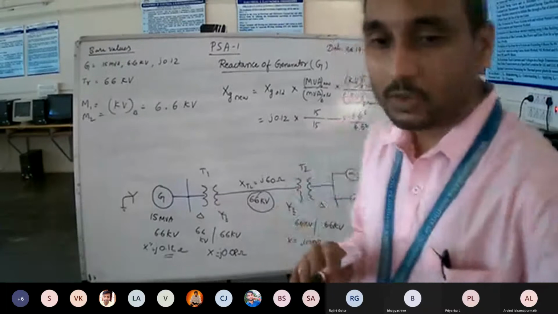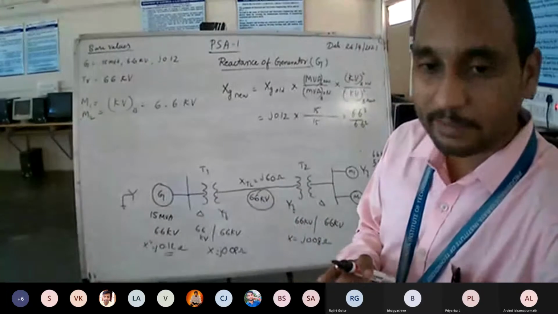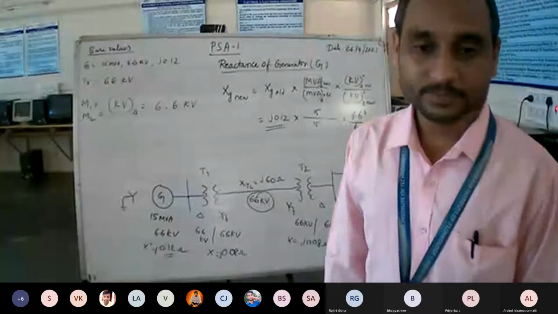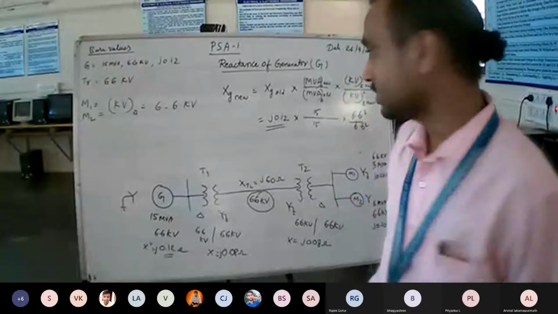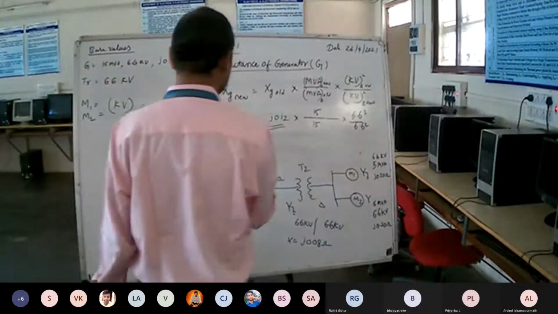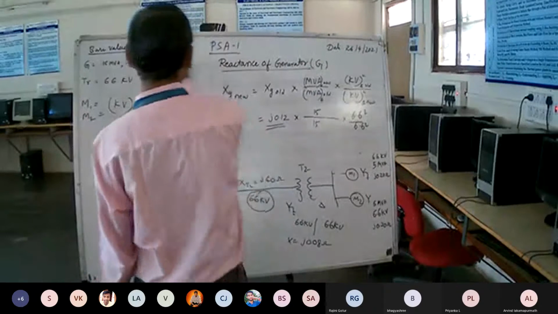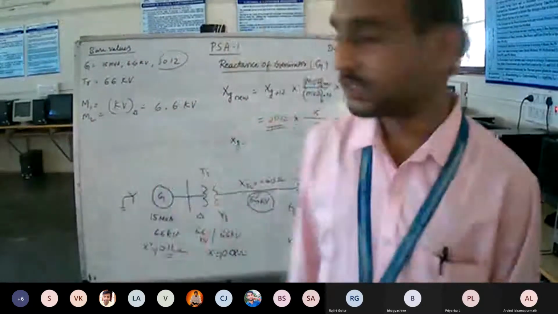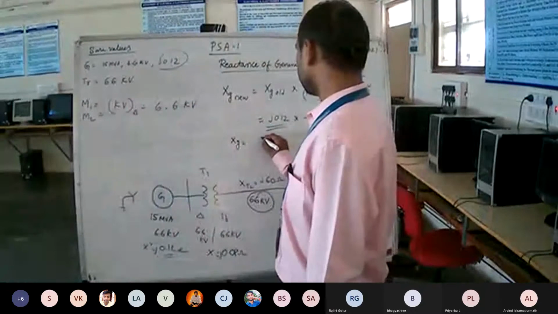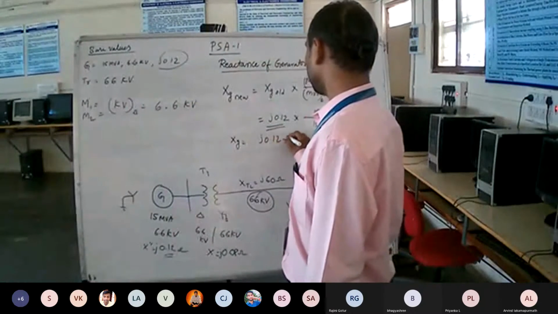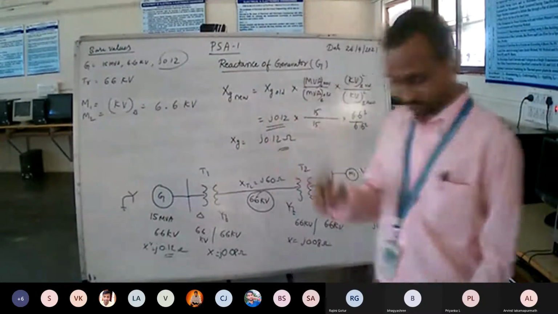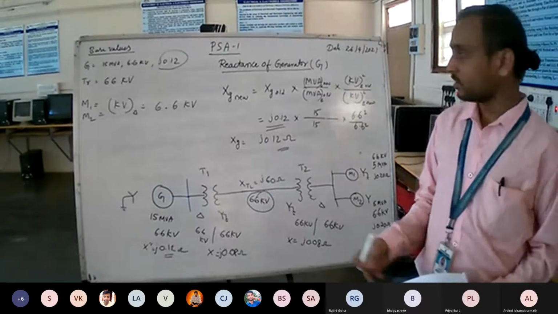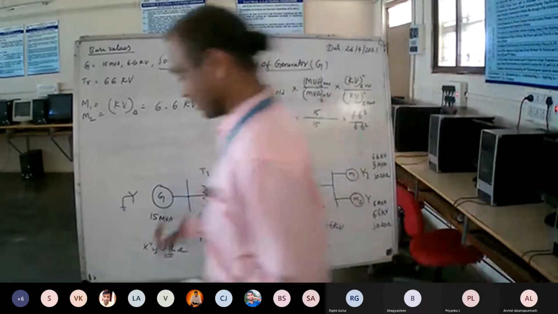Whenever the base value and the actual value are both the same, the reactance remains the same as it is. So Xg new is equal to Xg old, which is J 0.12 ohm only. This value remains the same for the reactance of the generator.